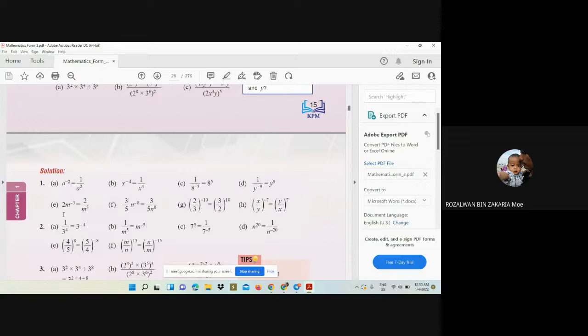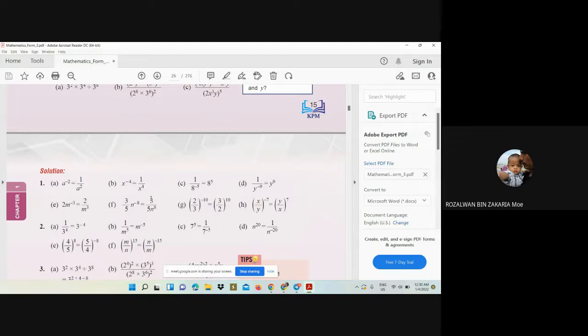And for e, 2m power of minus 3, you can write as 2 divided by the m power of 3. And for f, 3 over 5n power of minus 8, it is equal to 3 over 5, then the n power of minus 8 will become here 5n power of 8.